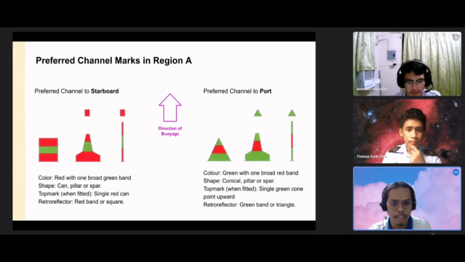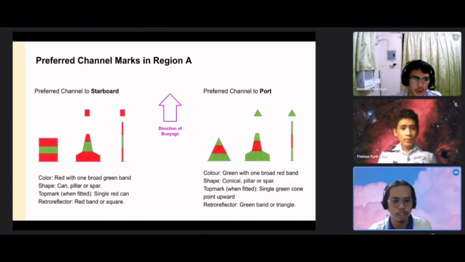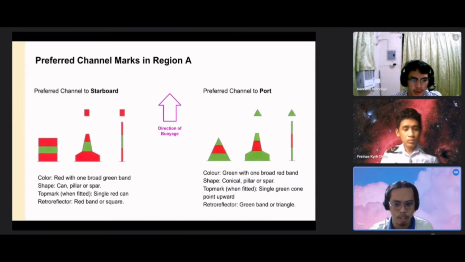On the other hand, if the preferred channel is to port, the colors will be green with one broad red band. The shape will be conical, pillar, or spar, and when fitted with a top mark, a single green cone pointing upwards. Its retroreflector will be a green band or a triangle.